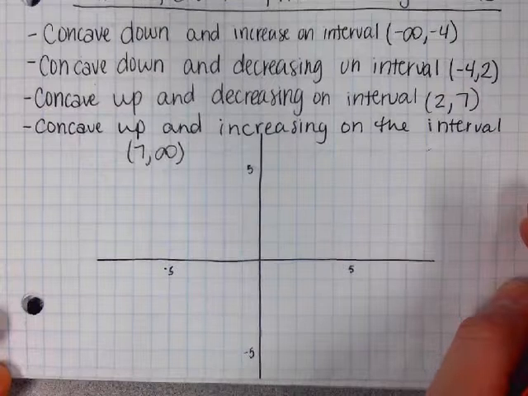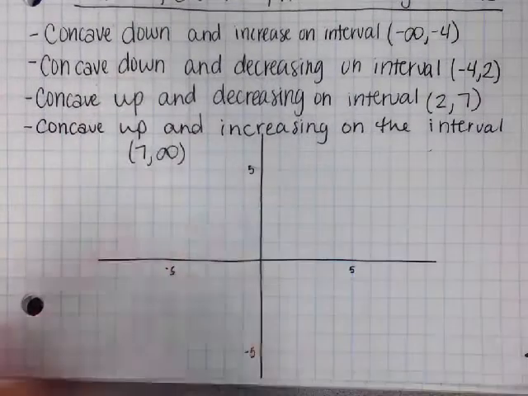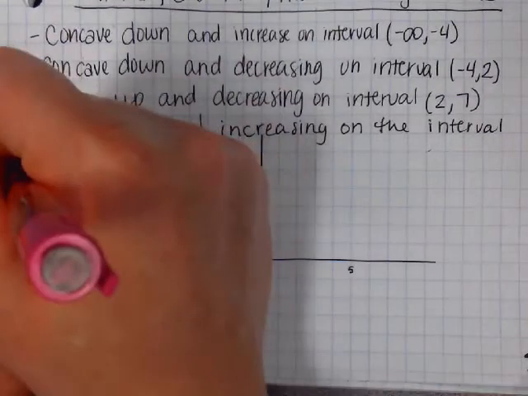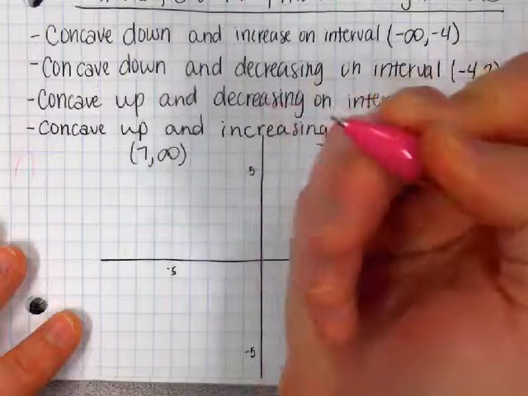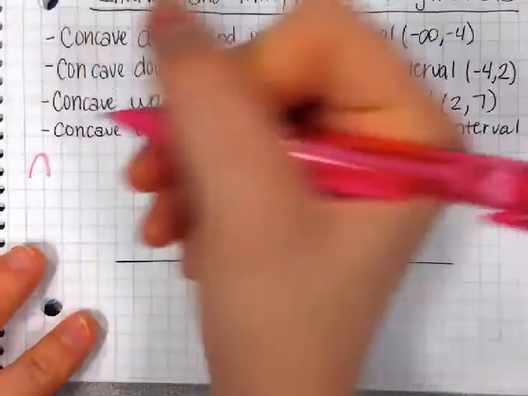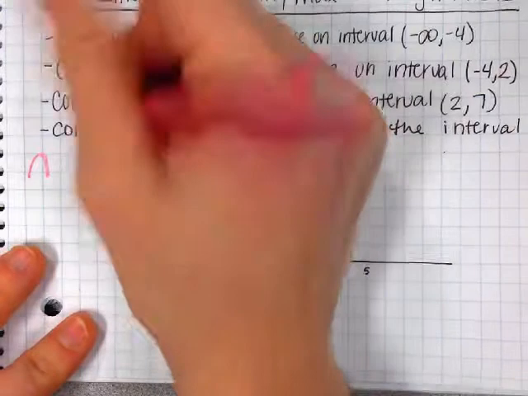So if it's concave down, remember, and I'm going to use pencil just so that I can erase it. Concave down on the interval. So concave down looks like this. So this is concave down, and then this is concave up.